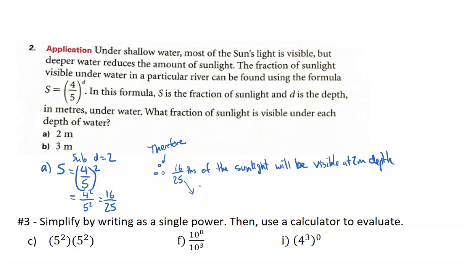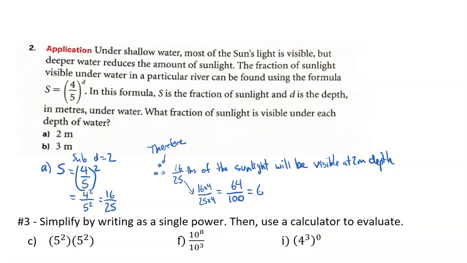Let's just do that. In order to make this a percent, I have to put it out of 100. To put it out of 100, I'm going to multiply the denominator by 4. And this would give me out of 100 on the bottom. And 16 times 4, I like to do 4 times 10 and then do 4 times 6 and add it. So 4 times 10 is 40. 4 times 6 is 24. Adding those together gives me 64.